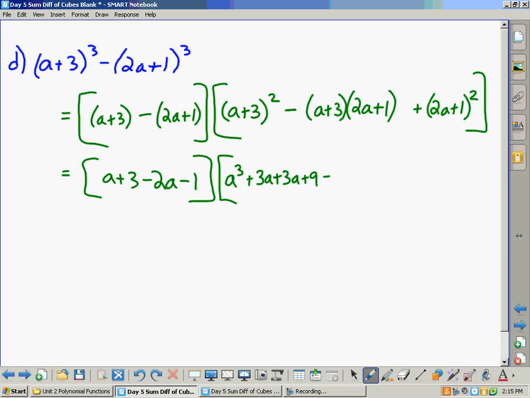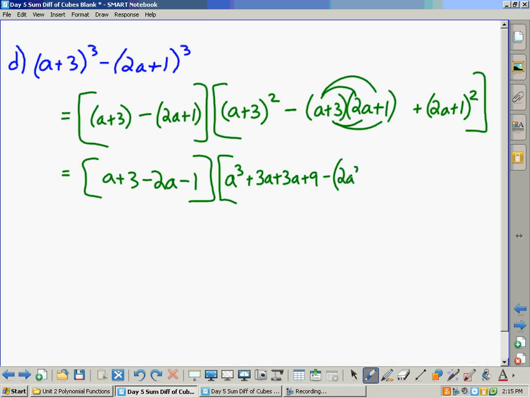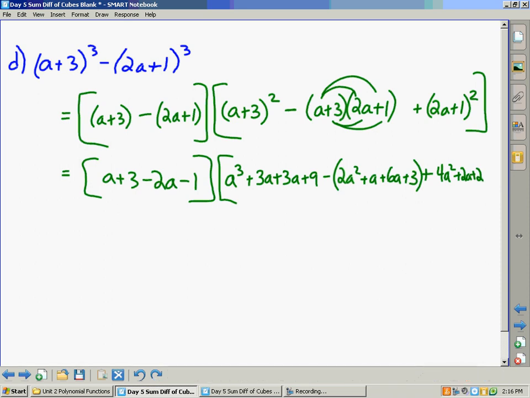Okay, minus, I'm going to rainbow here, 2a squared plus a plus 6a plus 3 plus, and you can see I'm slowly running out of room. Let's see if I can squeeze this in. This is going to be 4a squared plus 2a plus 2a plus 1.